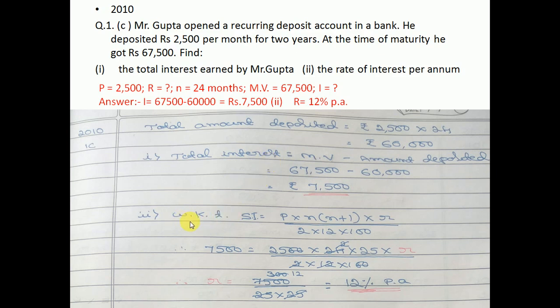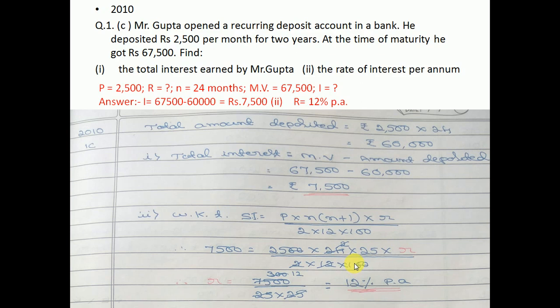We know that simple interest is equal to the same formula. Substitute simple interest as 7500, that's what we got before. Substitute all other values except this R. Cancel it here itself. Once again you can see that 25 and 25, R is left out here. Shift the 25 to the other side and once again simplify. You get the answer as 12%.